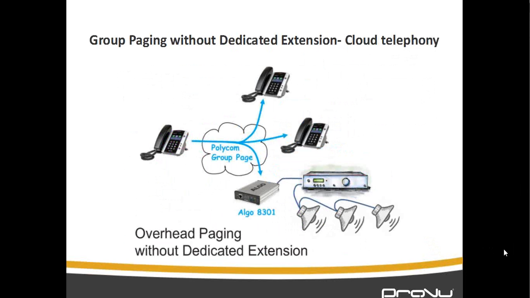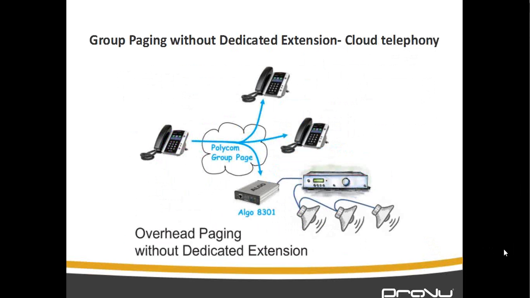You can control all the amplifiers and speakers from that device, whereas with an ATA you can only manage the extension, and that's it. These devices are specially designed for paging, and they give you more manageability of the whole solution, so you are in control.